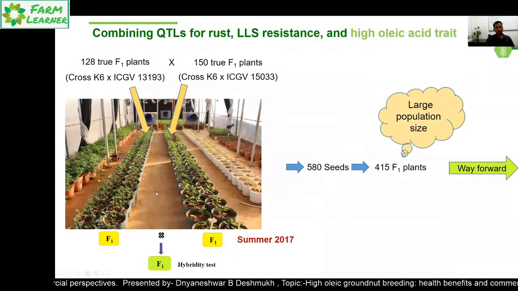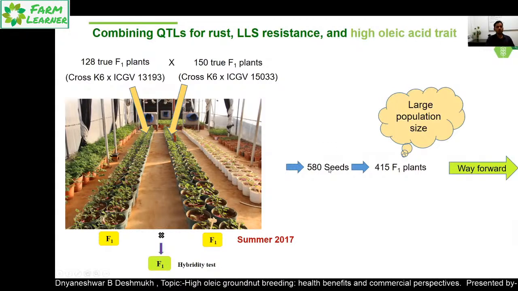The advantage of this early generation intercross is that we can combine both the target traits at a very early stage of breeding, so that we can backcross and save breeding time and resources.